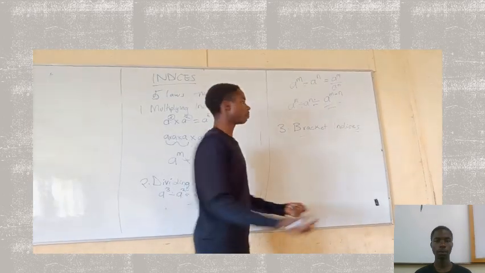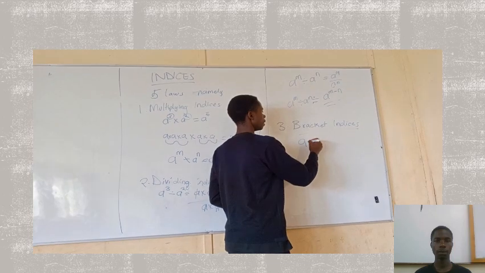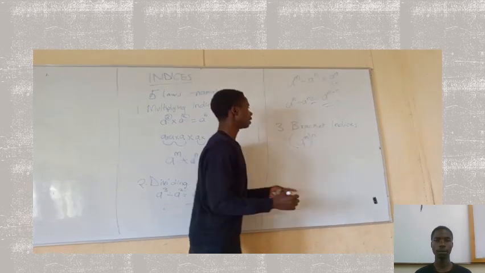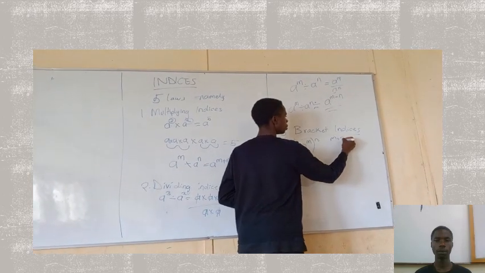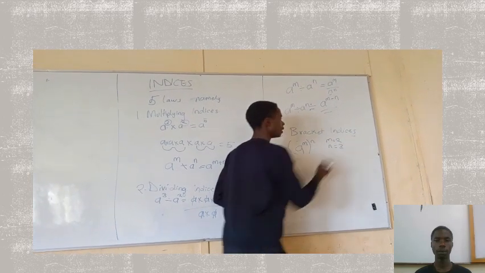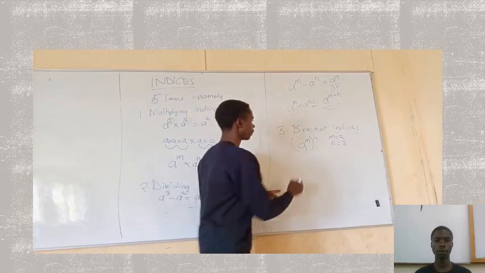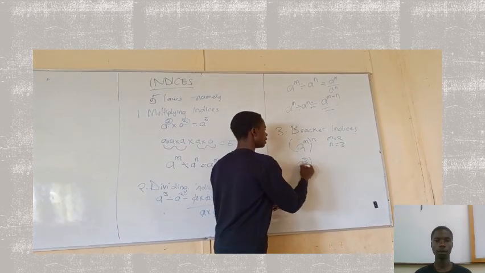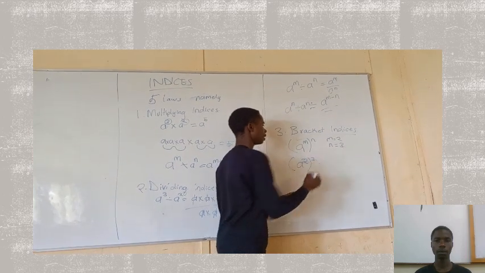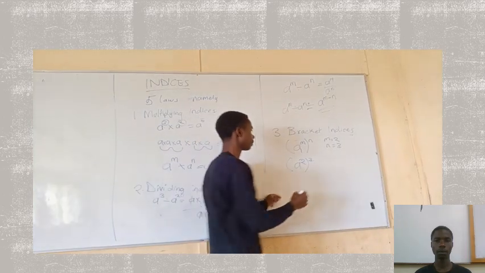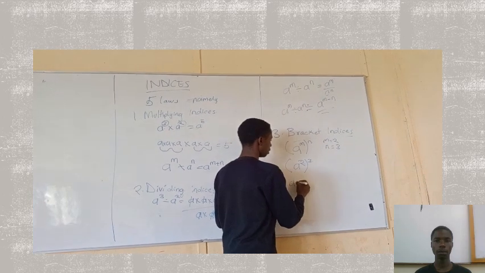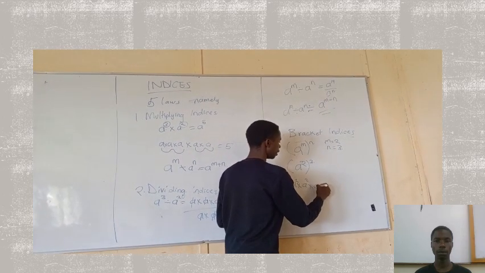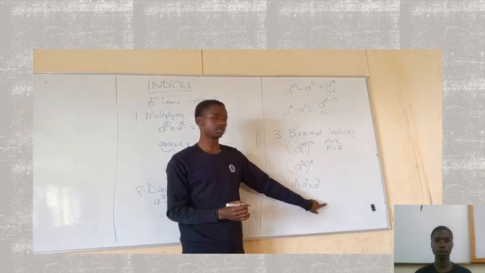let's show, for example, an expression (a^m)^n. Let's say m is equal to 2, n is equal to 3. What can we show here? a^m, with m being 2, is raised to power 3. This is the same as a squared multiplied by a squared multiplied by a squared, using the laws of multiplication.